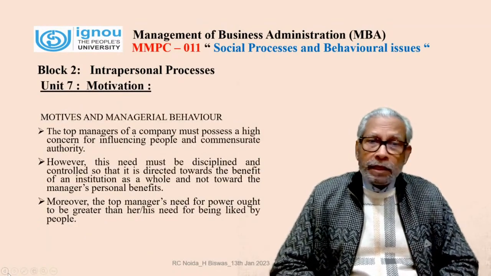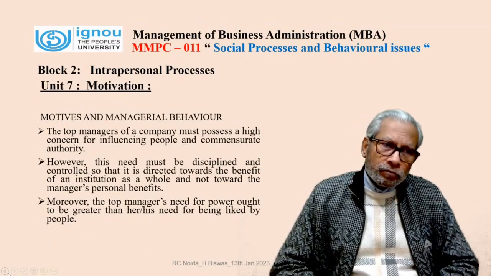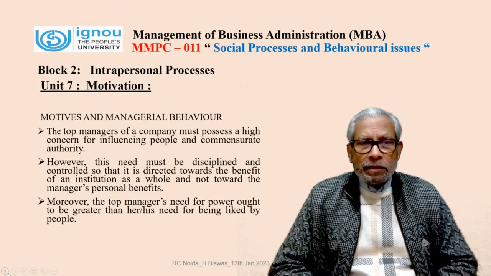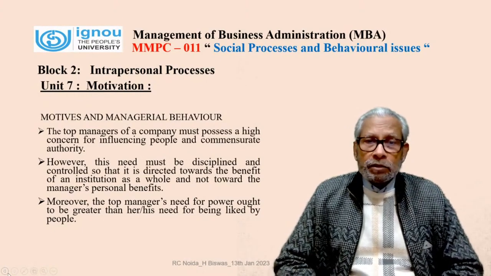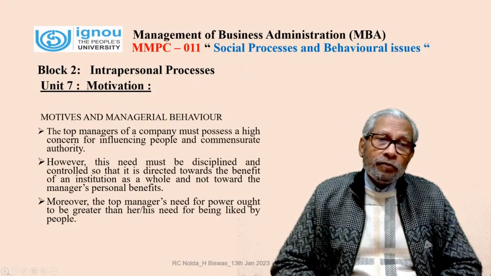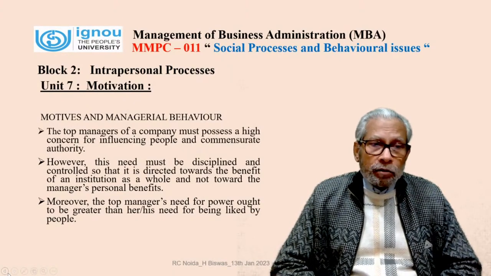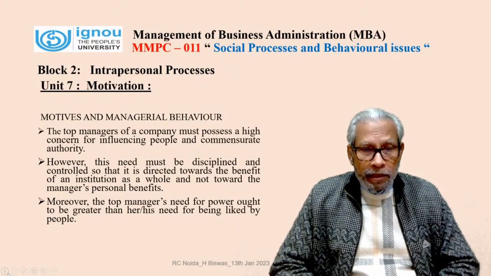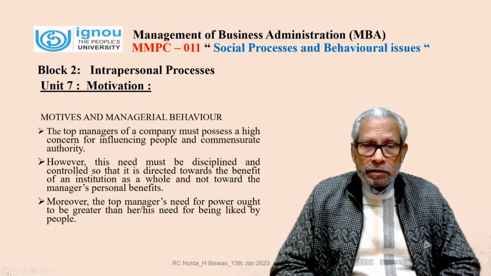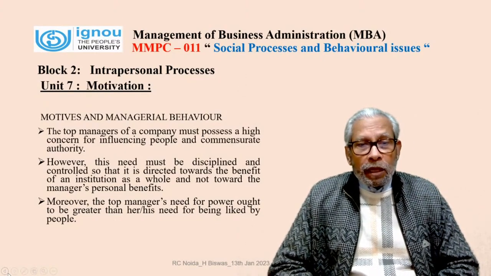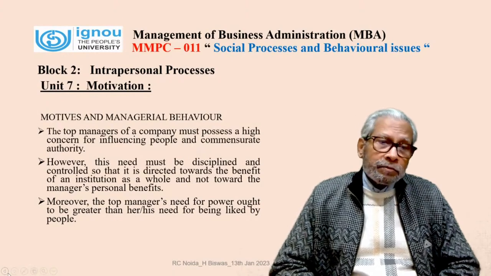Motives and managerial behavior. The top managers of a company must possess a high concern for influencing the people and commensurate authority. However, this need must be disciplined and controlled so that it is directed towards the benefit of the institution as a whole and not toward the manager's personal benefit.